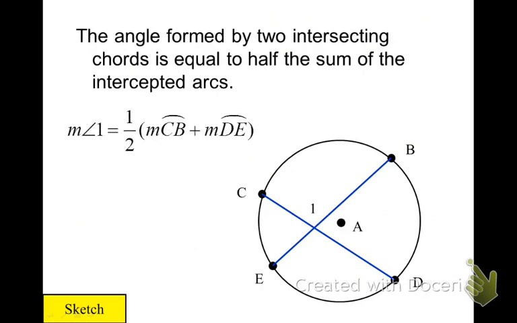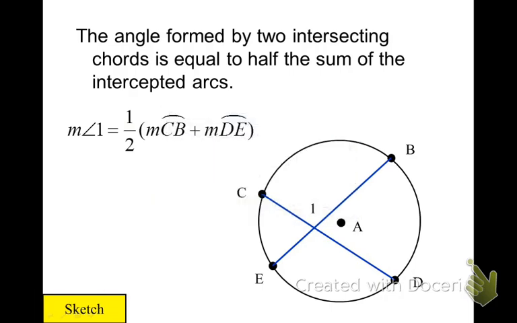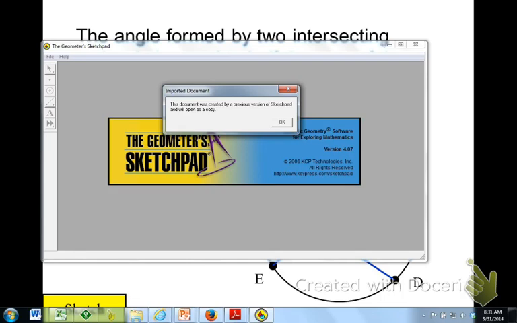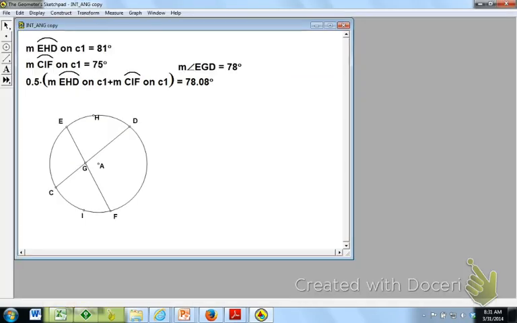So if it's inside the circle, it's equal to the average of the arcs. And this shows it right there. We have arc EHD, and we have arc CIF, and we have angle G right in here.